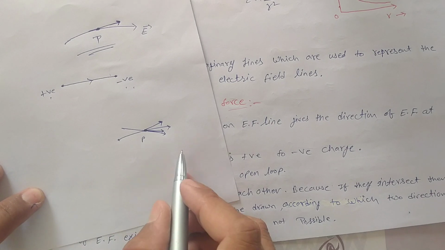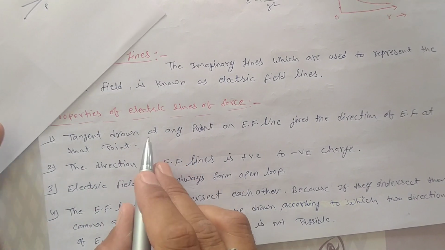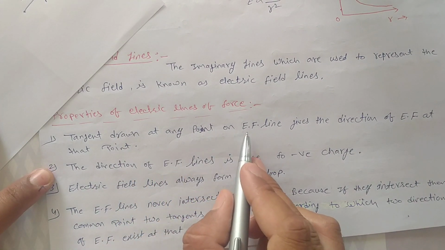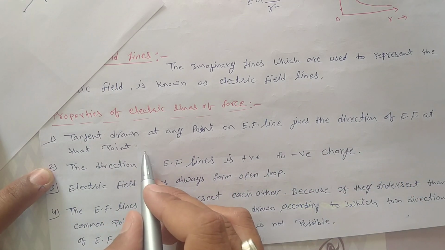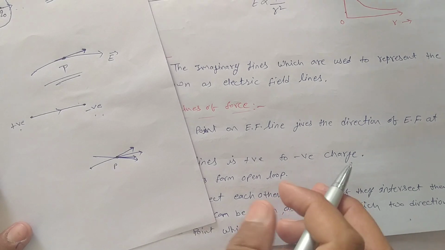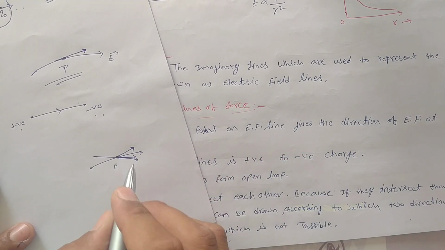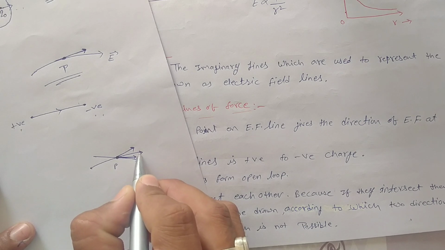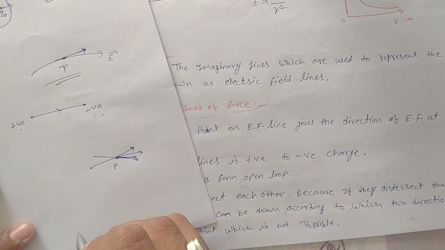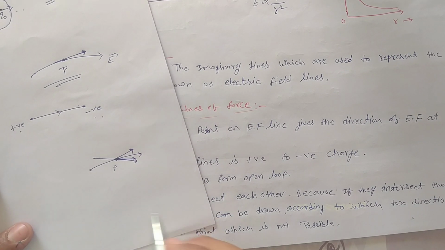According to the first point, the tangent drawn at any point on an electric field line gives the direction of the electric field at that point. According to this, we can say that at this point the electric field has two directions, which is not possible.